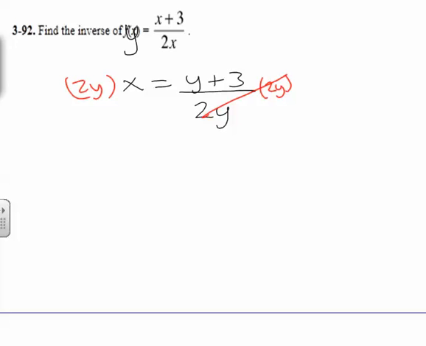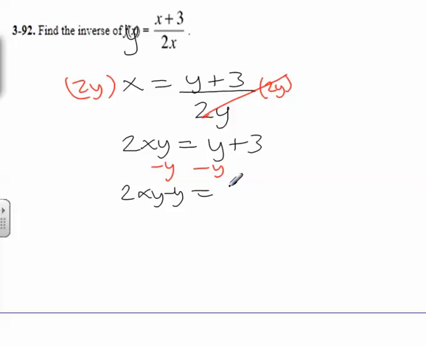So we end up with 2xy, multiply all that together, equals y plus 3. So the next step, we want to get the y's all on the same side. So let's subtract a y from both sides. And we end up with 2xy minus y equals 3.